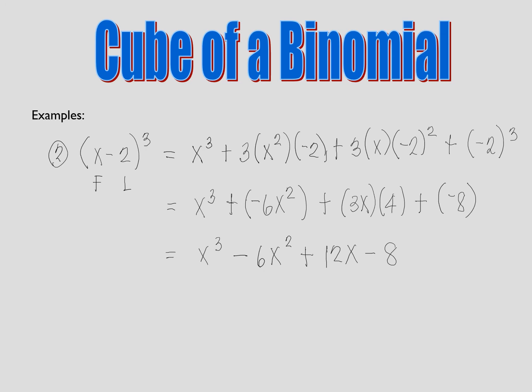Because positive times negative is always negative, instead of putting plus, we put minus 8. So this is our final answer: x to the power of 3 minus 6x squared plus 12x minus 8 as the product of the quantity of x minus 2 to the power of 3, the cube of x minus 2.